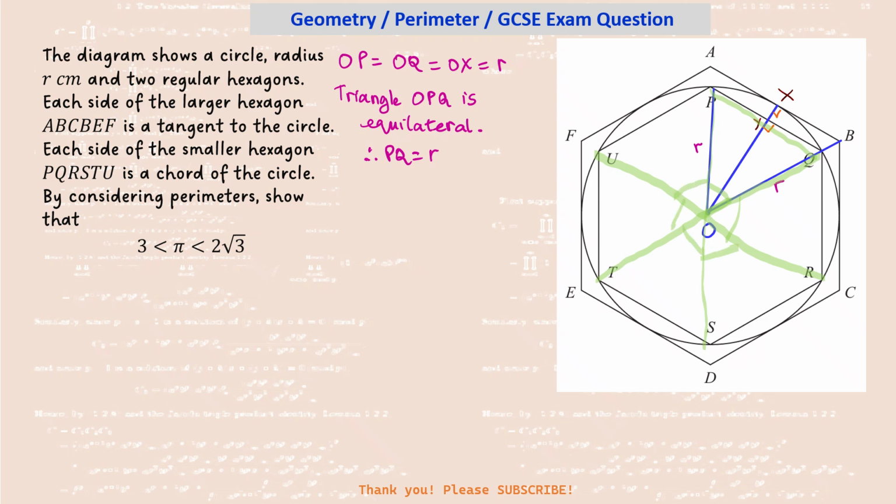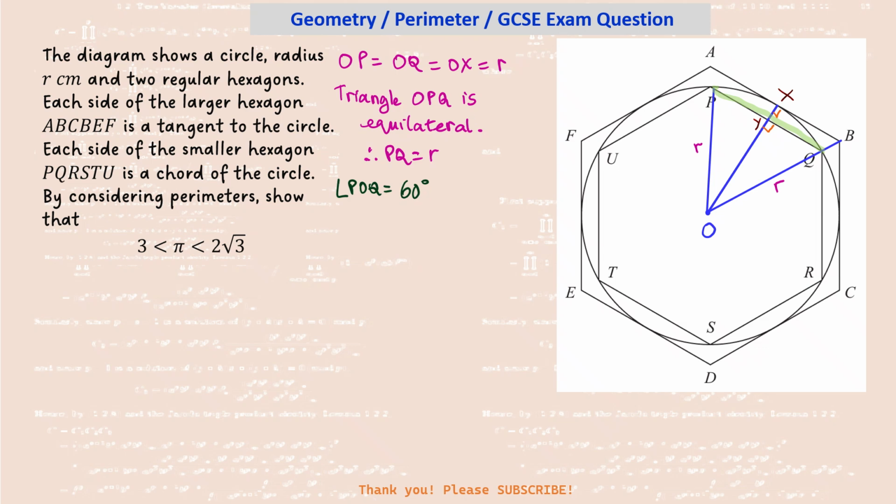There are 6 triangles. So that makes them equilateral. All of them have equal sides, and the base angles are also 60 degrees. So they are all equilateral triangles, and hence PQ would also be equal to r.